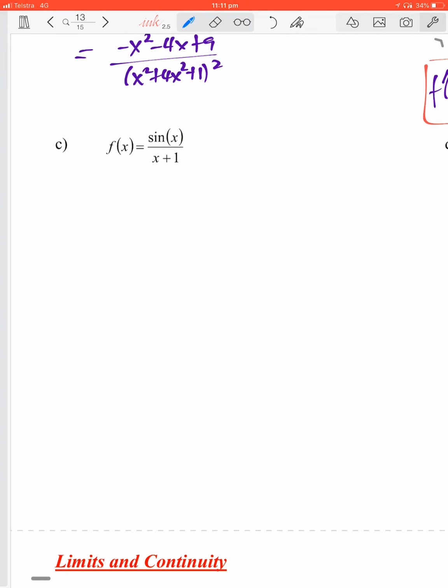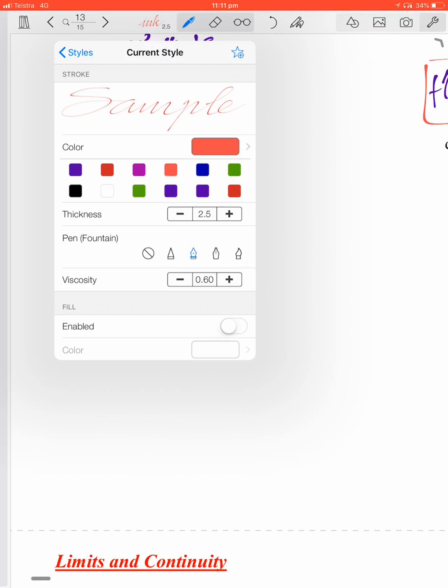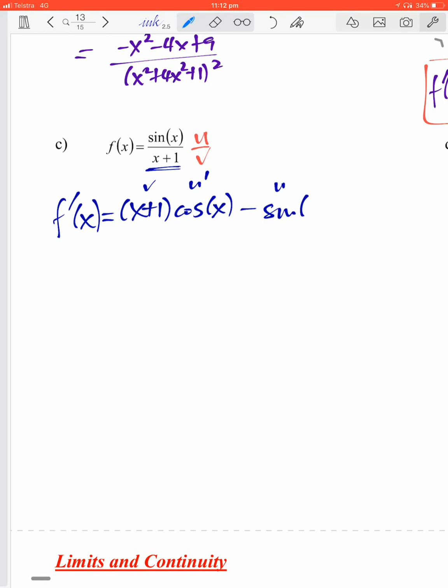Okay, sine x on x plus 1. So we have u on v. So f dash x, v times u dash, which we know is cos x, minus u times v dash, u which is sin x, times v dash, which we know is 1, on (x plus 1) squared.